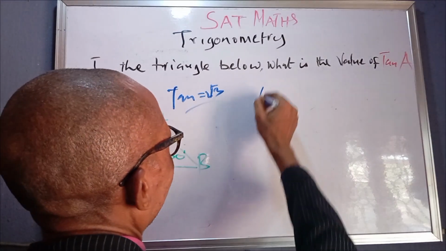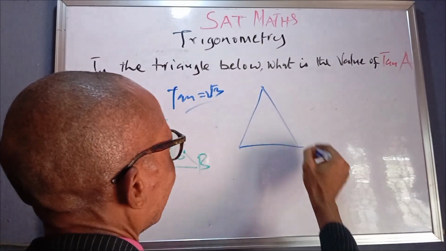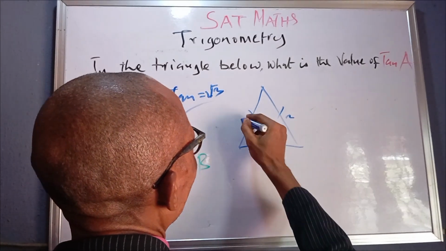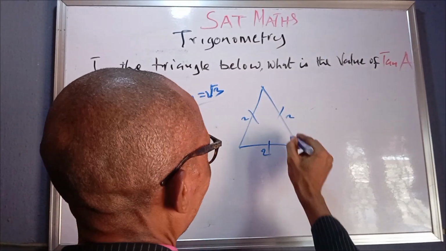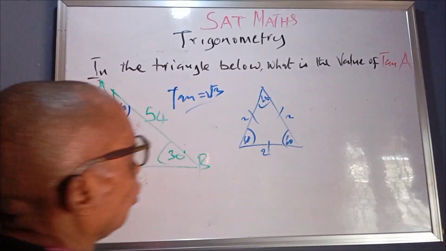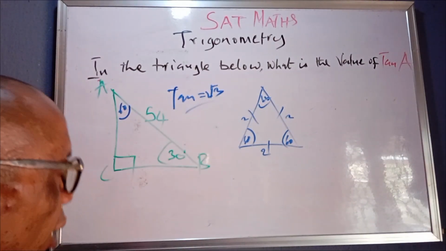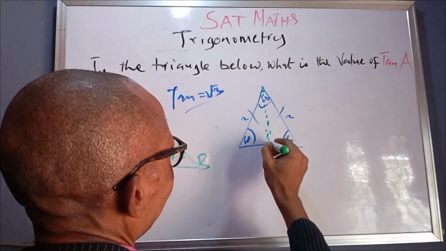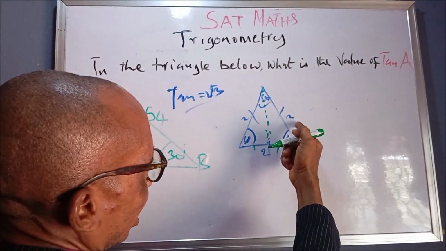For example, look at this equilateral and equiangular triangle of side 2 each. Now with this triangle, if we bisect it from the apex down here, we are having one here, we still have two here.